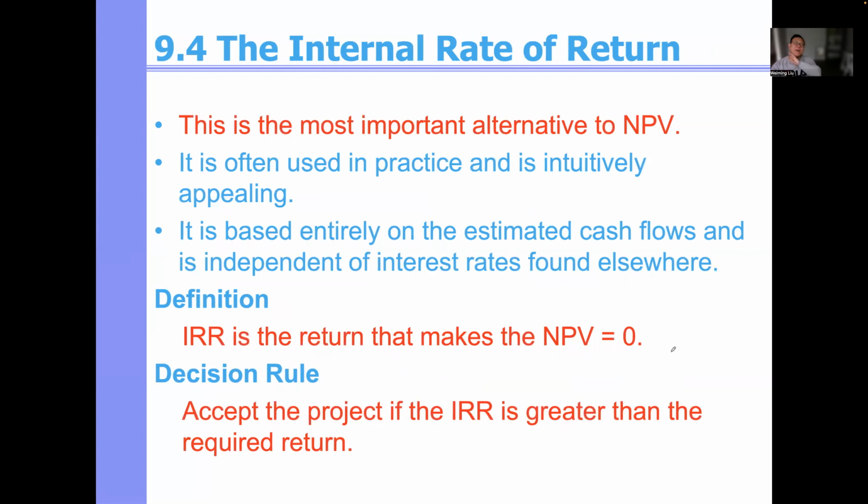And now let's talk about the IRR, the internal rate of return. This is a very important tool. You will see it in the exams, in the quiz.